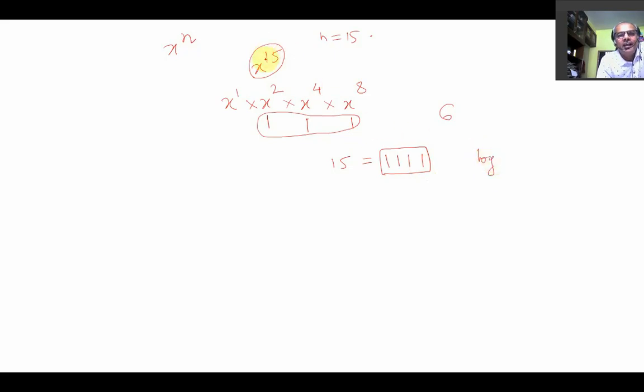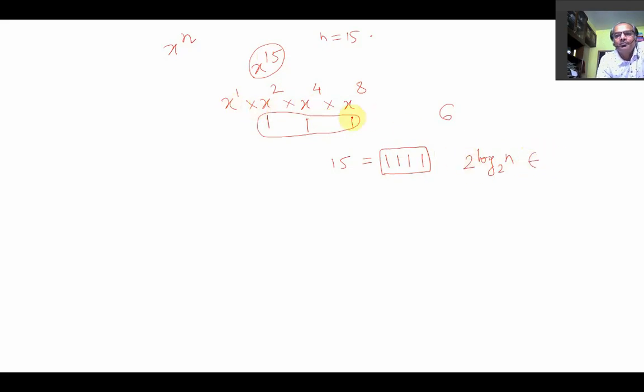If the power is n, then how many bits will be needed to represent that decimal number in binary? That is log n. And you see this log n base 2 times, you have to find the powers of x, and ultimately the total number of multiplications is twice log n.